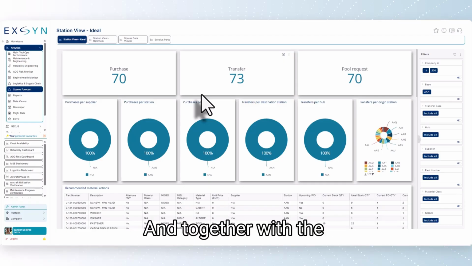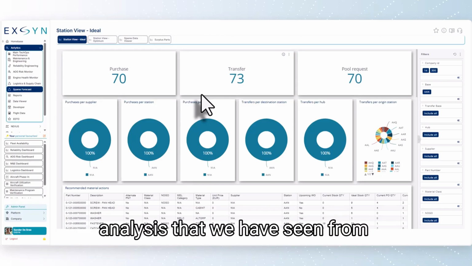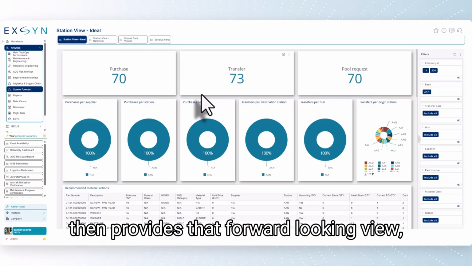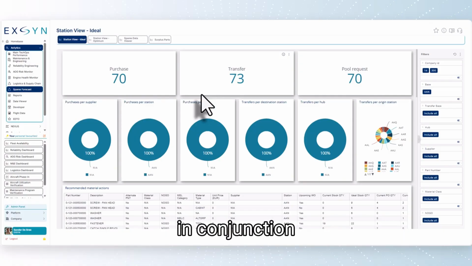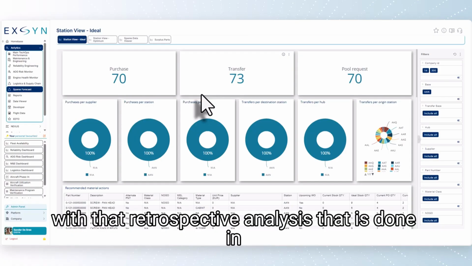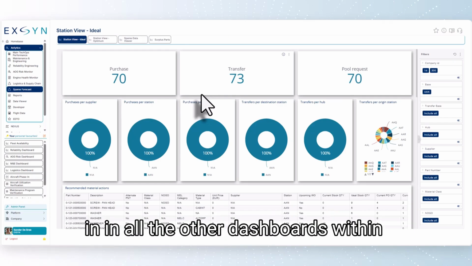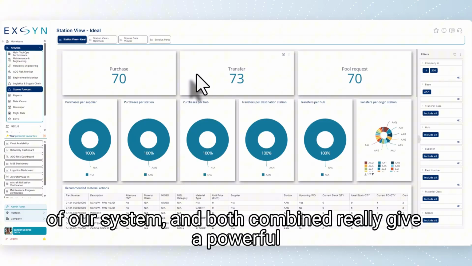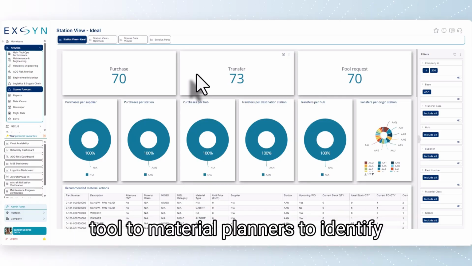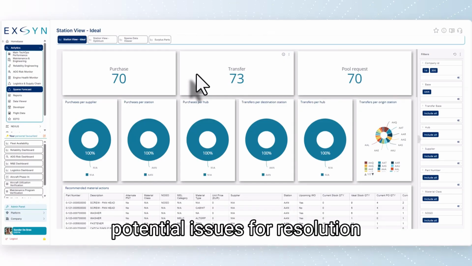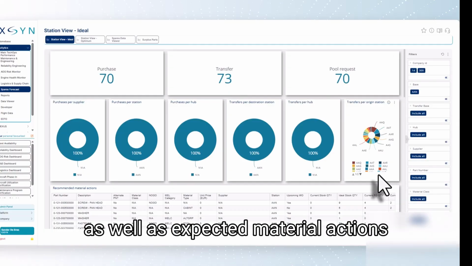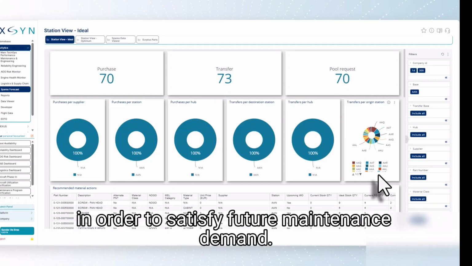And together with the analysis that we have seen from logistics and supply chain dashboards, the spares demand forecast then provides that forward-looking view in conjunction with that retrospective analysis that is done in all the other dashboards within the supply chain area of our system. And both combined really give a powerful tool to material planners to identify potential issues for resolution based on historic trends, as well as expected material actions in order to satisfy future maintenance demand.